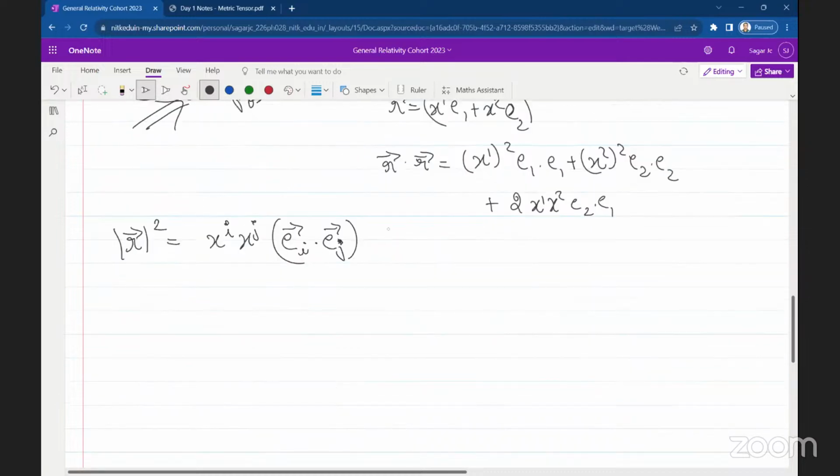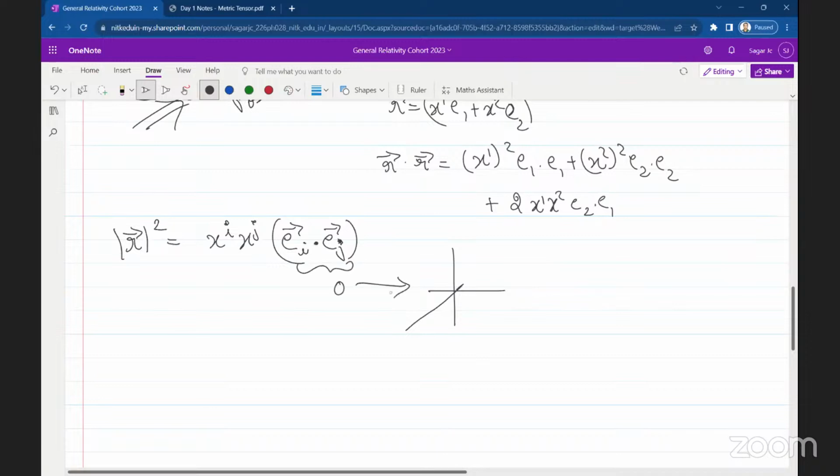Now we know that this value may or may not be 0, depending on the coordinate system we are talking about. For example, in orthogonal coordinates like Cartesian, when i is not equal to j, as in 3-dimensional Cartesian, this value will go to 0.